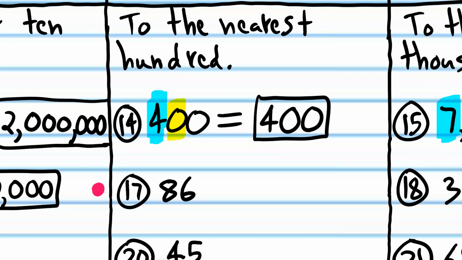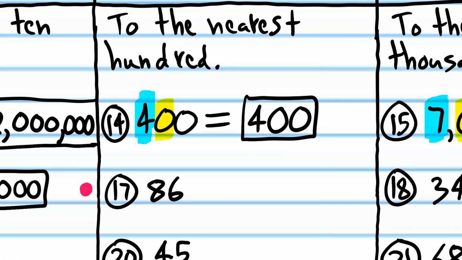All right, so now let's go to something a little different. We're going to round 86 to the nearest hundred. The hundredths place is actually here. But as you can see, there's nothing there. You can just consider the blue highlight to be 0.